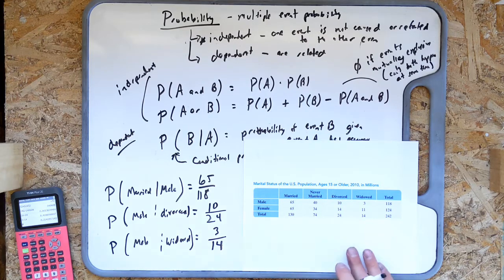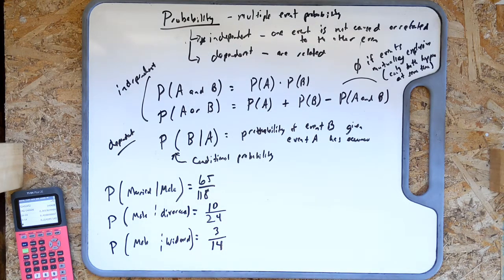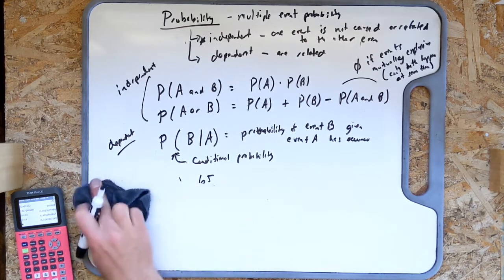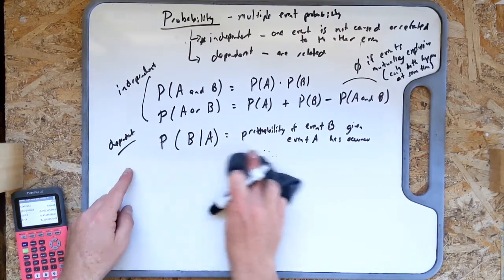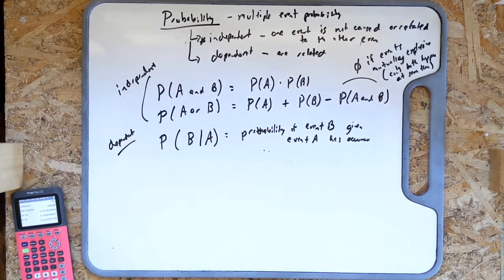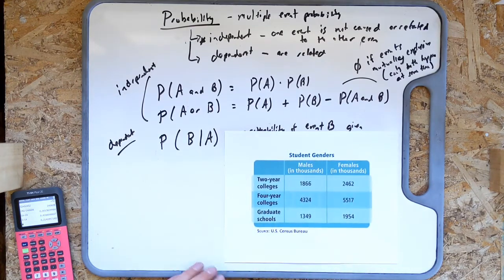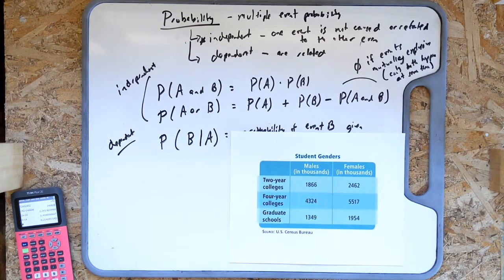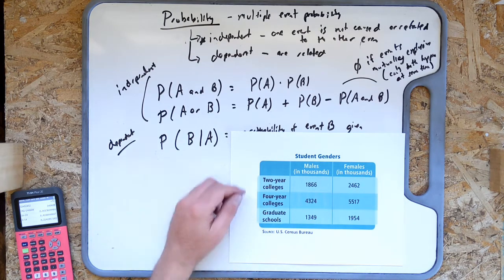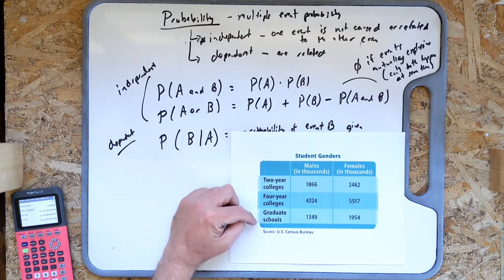Okay, I'm going to do one more with the table. Let me erase all this here. I'm going to leave this up because this is a good summary of the whole probability. Okay, so here's another table, maybe a little easier to read as well, as it's much bigger. This is gender of students in college by 2-year, 4-year, and graduate school.